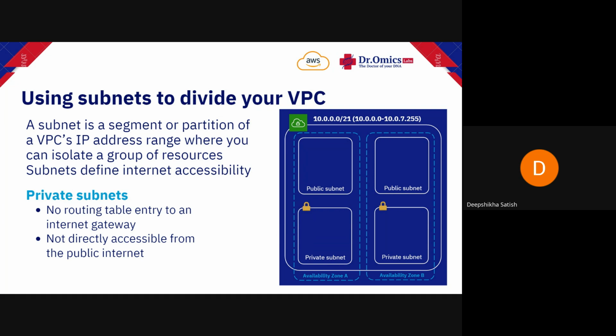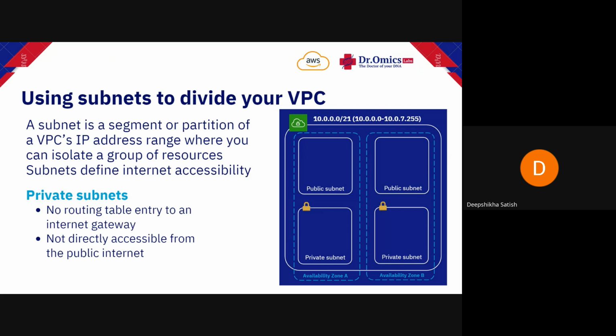But a private subnet does not directly access internet services, and is not associated with an internet gateway. Some instances in private subnets are accessible only from the VPC or through Direct Connect.